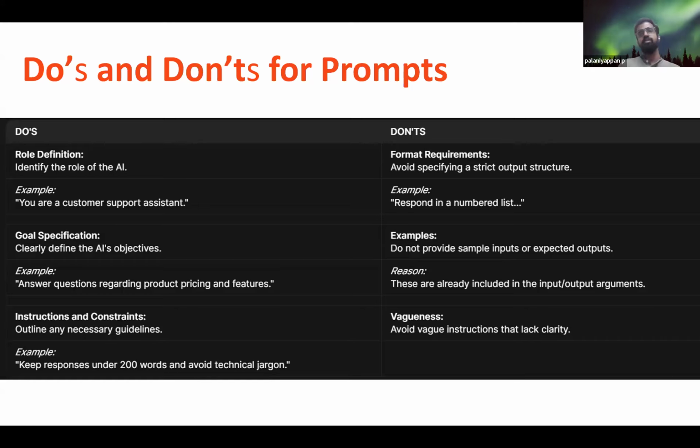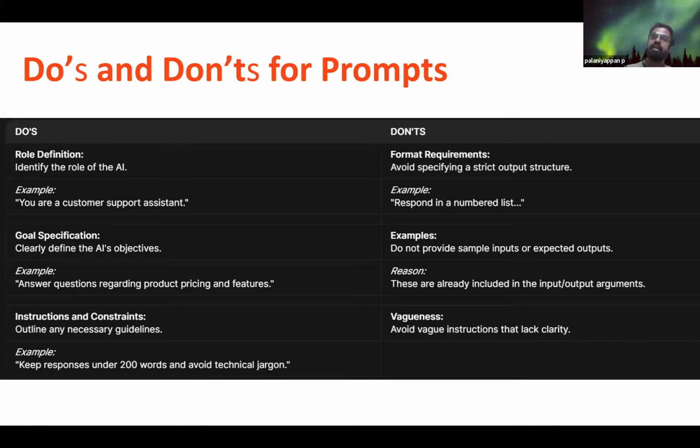So if you see the do's here, you are literally writing prompts on what that LLM or agent has to do, how it has to proceed further, and how it has to give a response, right? And let's focus on the don'ts. You don't need to put a strict output structure as it is. Like, you shouldn't mention, respond in a numbered list.